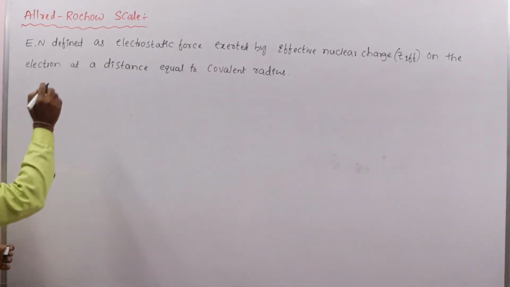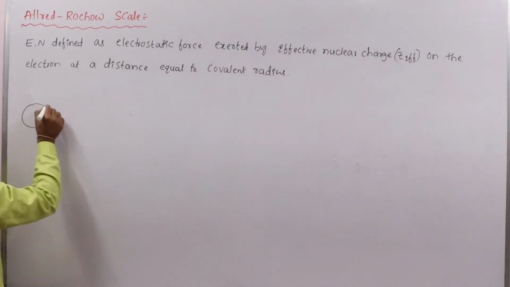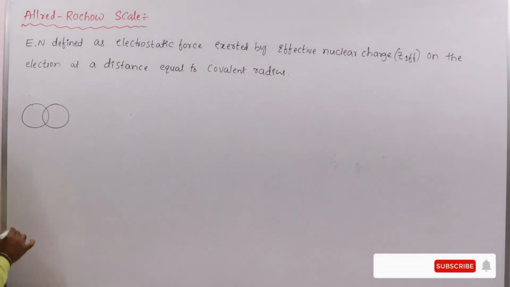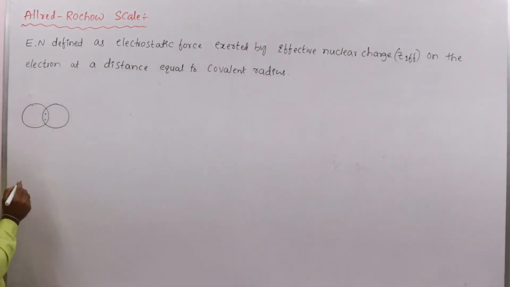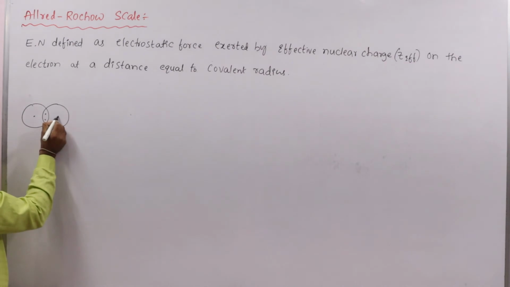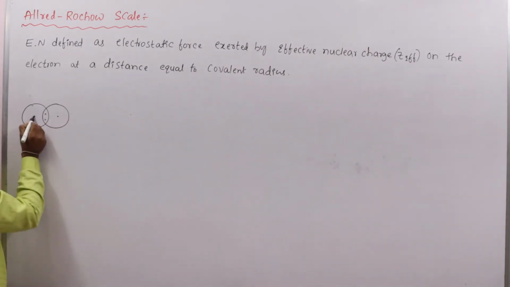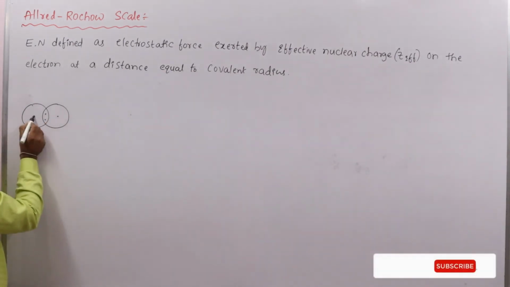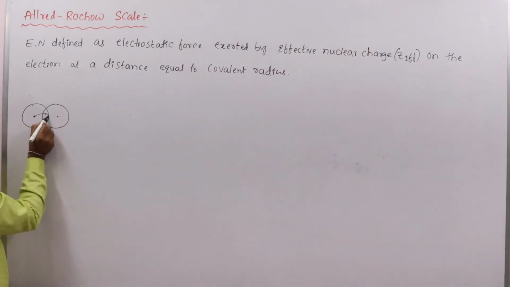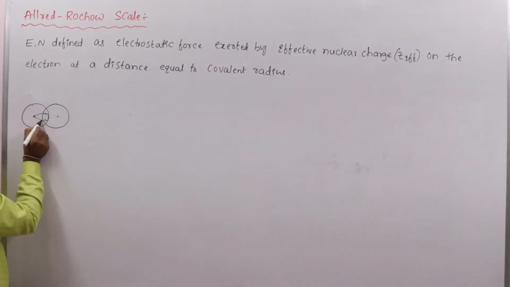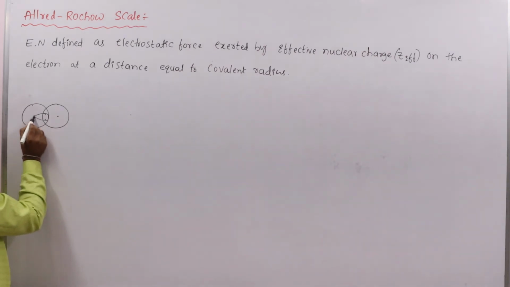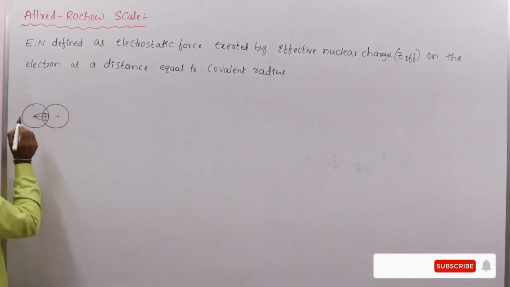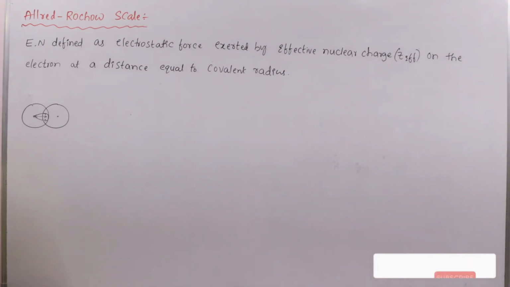For example, two atoms are bonded covalently with sharing of two electrons. This is a nucleus. The electrostatic force by this nucleus on the electron, at a distance equal to the covalent radius.